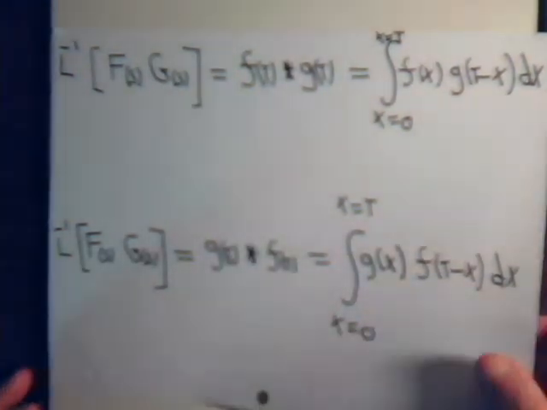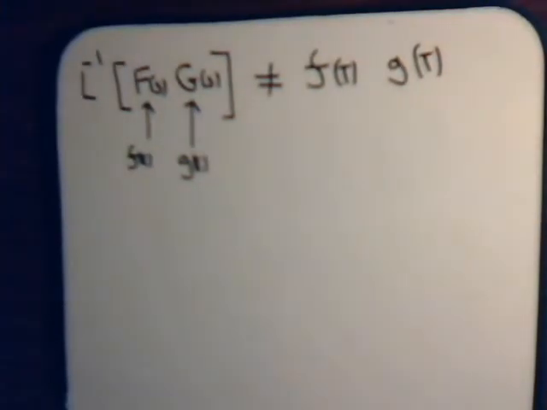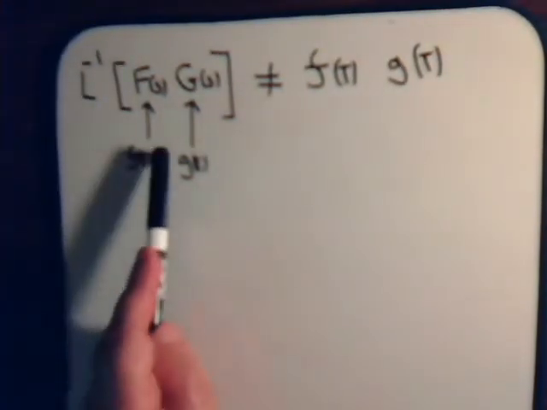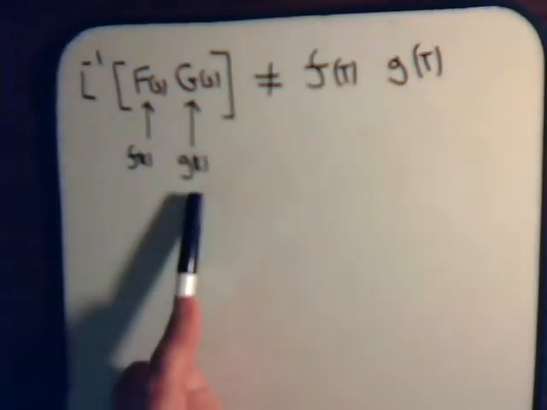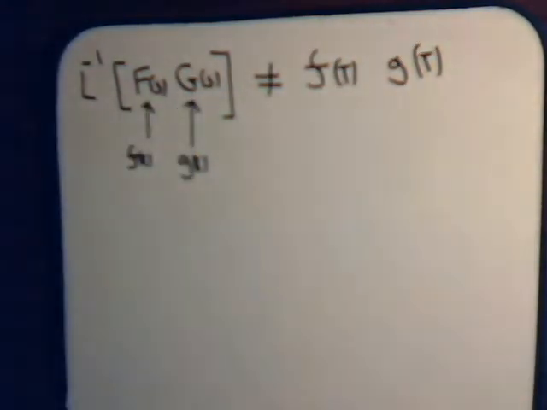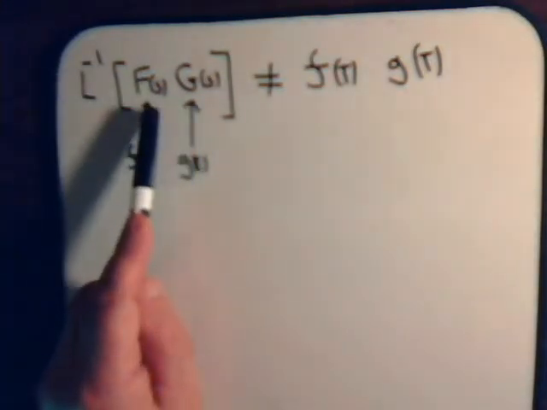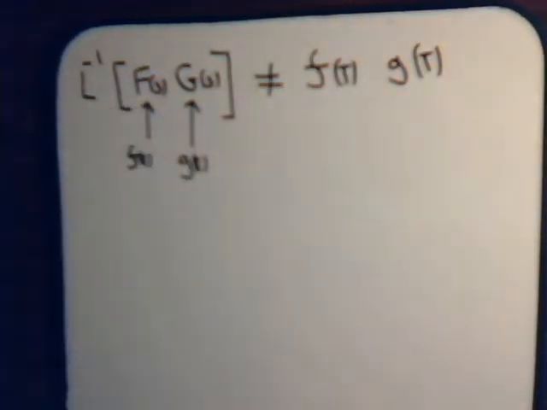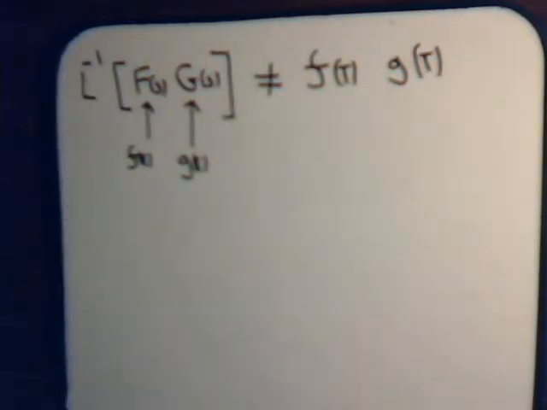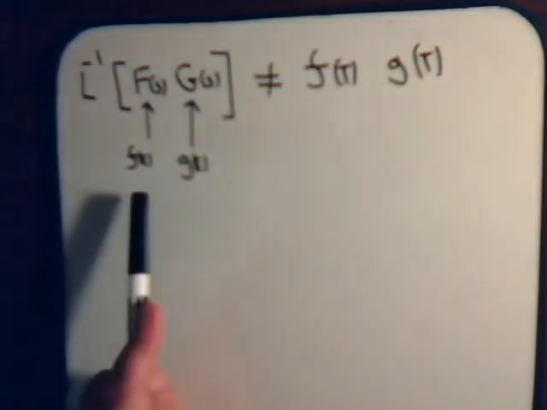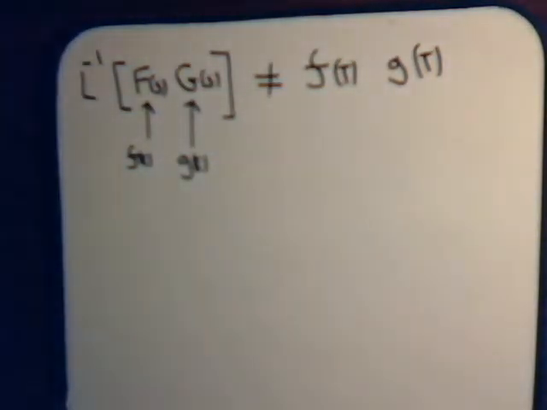That is to say, here we have a function f of t, its corresponding Laplace transform, another function g of t, its corresponding Laplace transform. If we multiply these together, giving us an entirely different function, and we take the inverse Laplace transform, that does not just equal f of t times g of t.